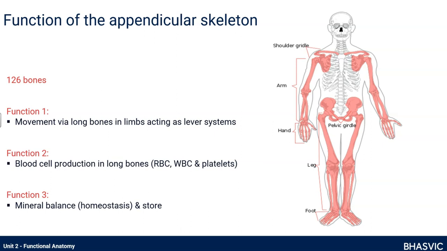Lots of other body processes, body systems use calcium. It's not just important for strong bones, and so we store the calcium in our bones, and when we need it elsewhere, we release it from our bones and it gets transported. For example, nerve impulses or muscle contraction relies on having some calcium too.